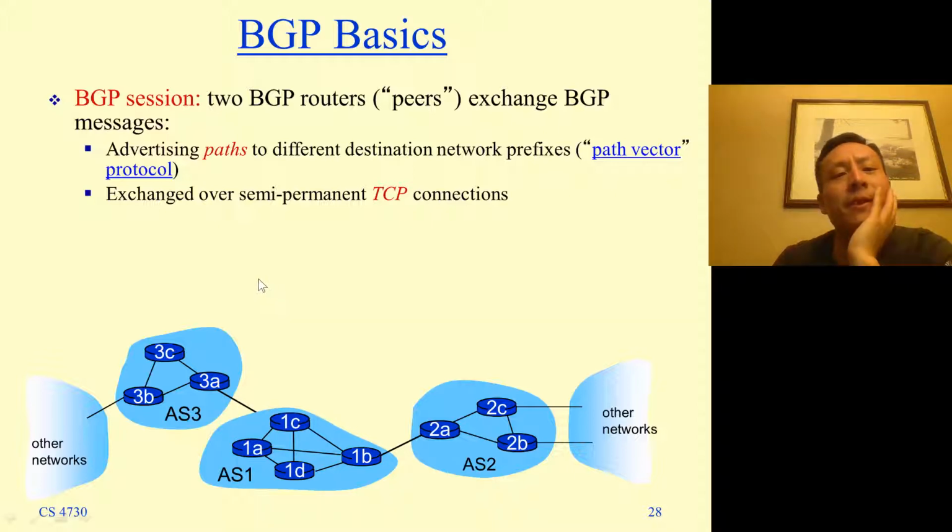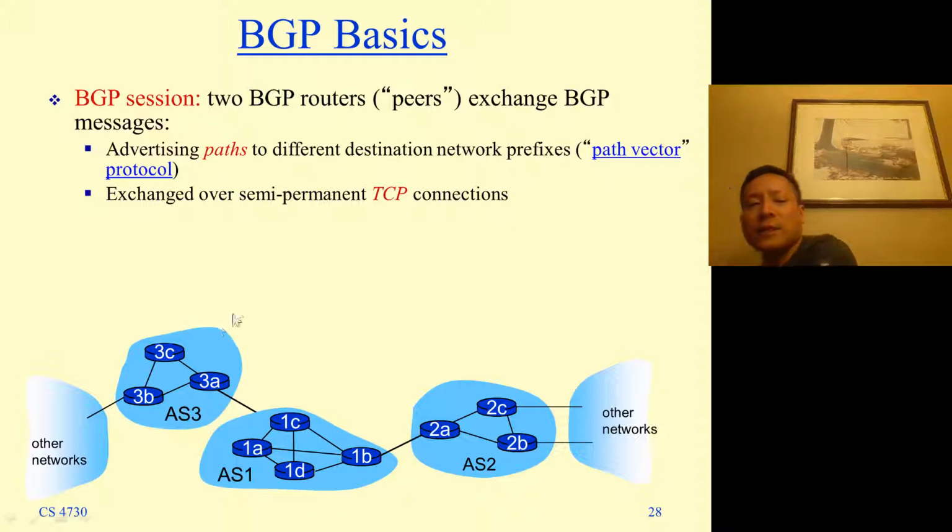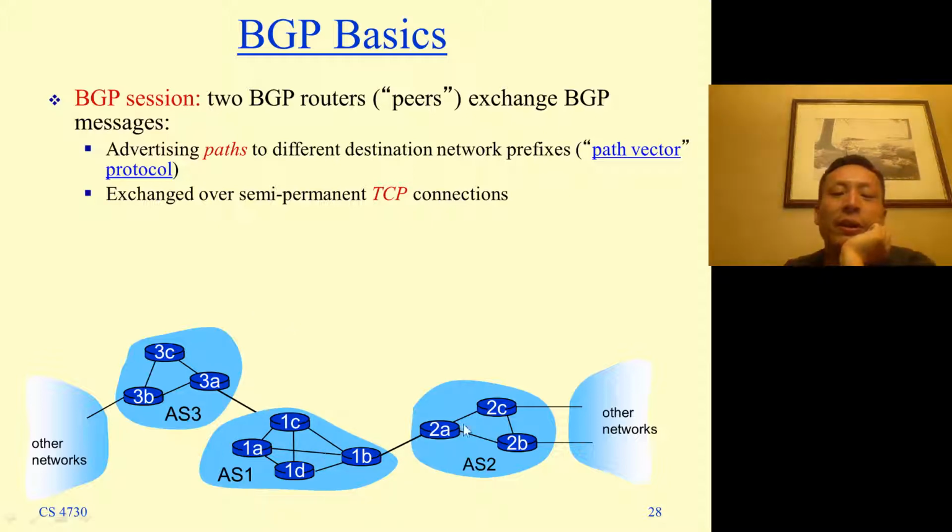And what BGP does is advertise paths to different destination network prefixes, right? Basically, it's telling paths. For example, in previous examples, we have X connected to S3, S3 tells S1, S1 tells S2, right? So autonomous system by autonomous system, you know the approximate paths to the destination network prefixes.